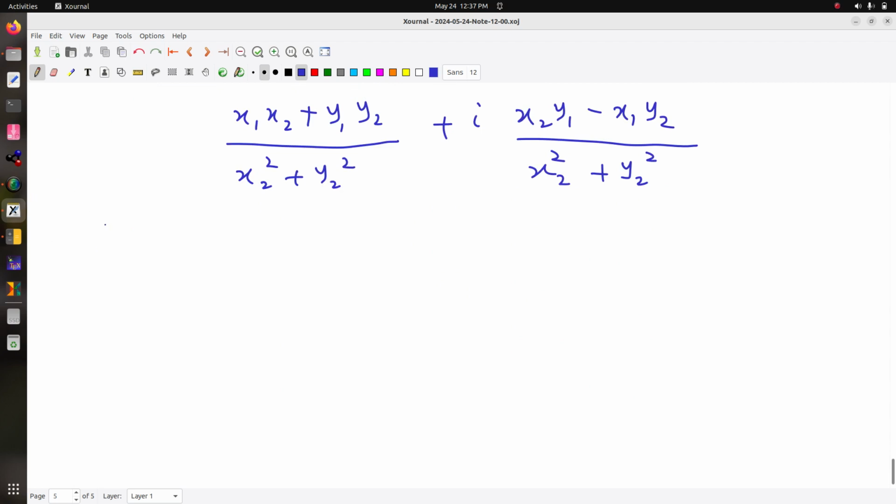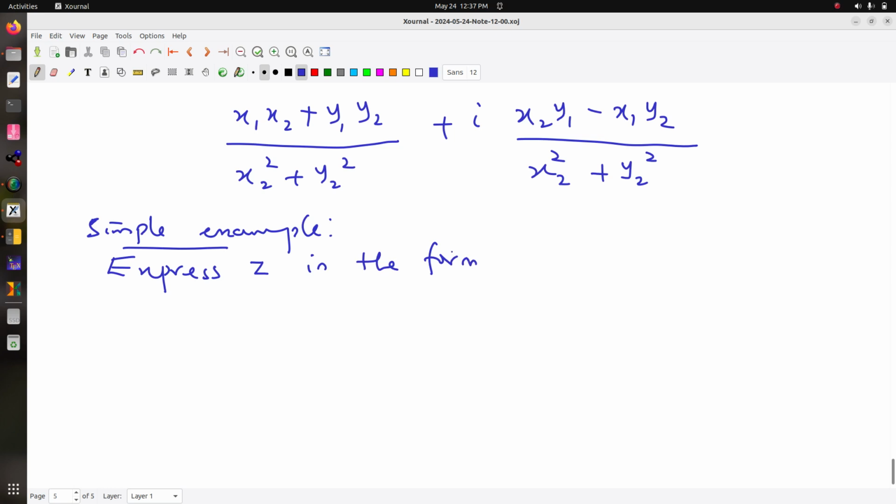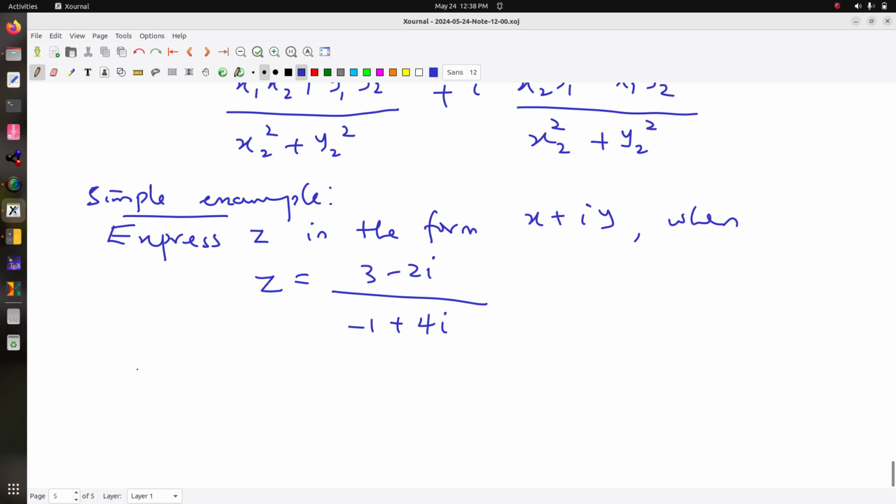Now let's take this short simple example. The question says express z in the form x plus i y when we are given z to be 3 minus 2i divided by minus 1 plus 4i.